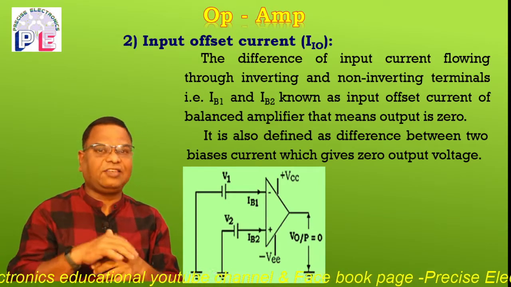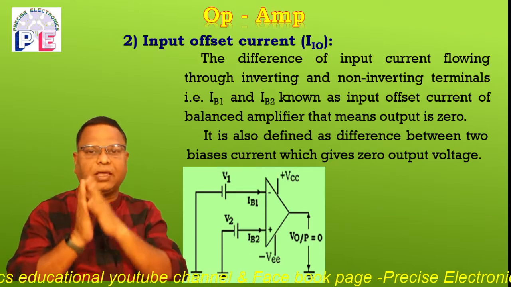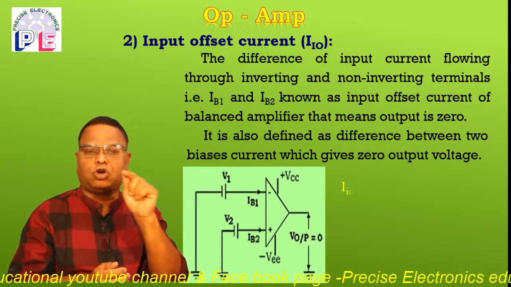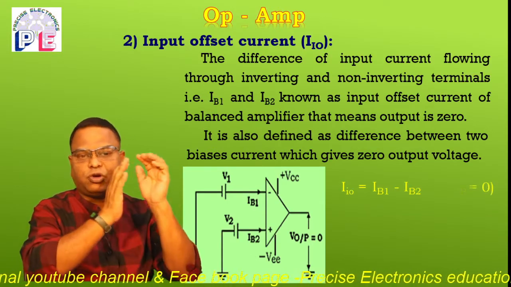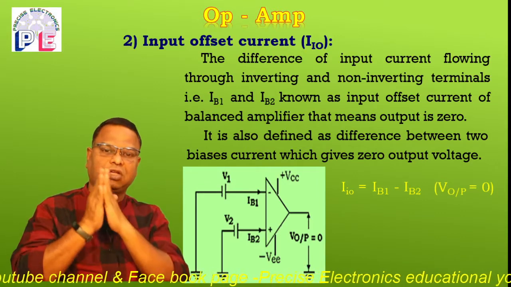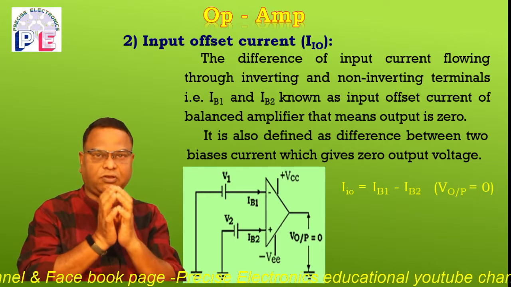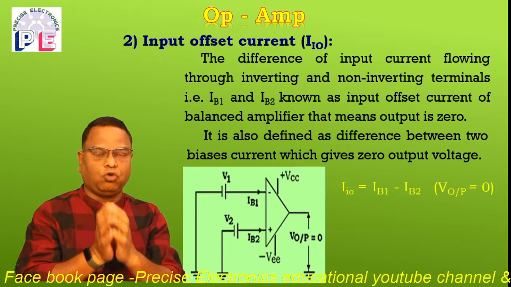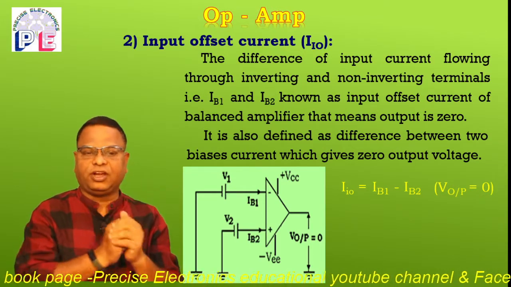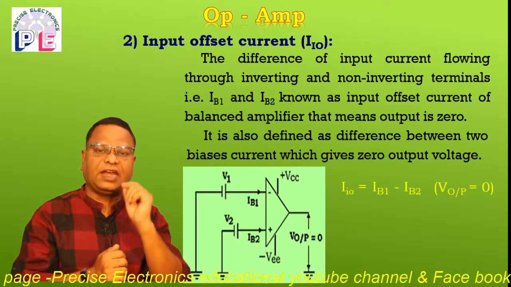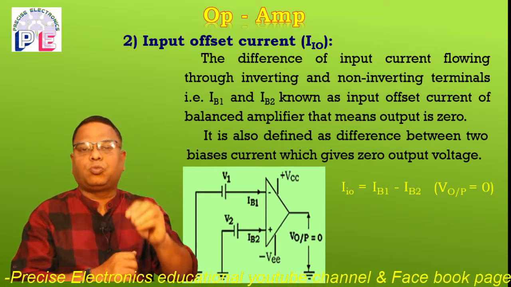So obviously I suffix IO, the input offset current, is equal to IB1 minus IB2 when V output is equal to 0.